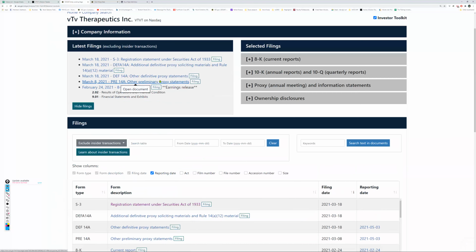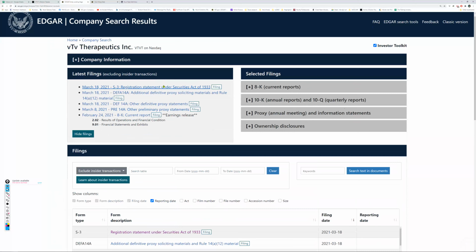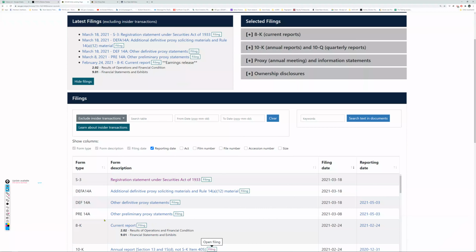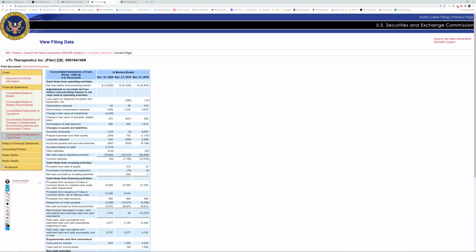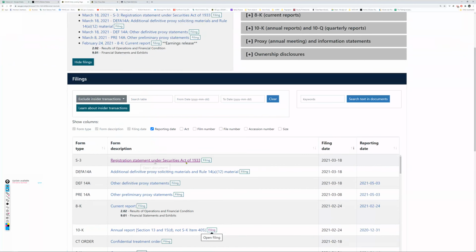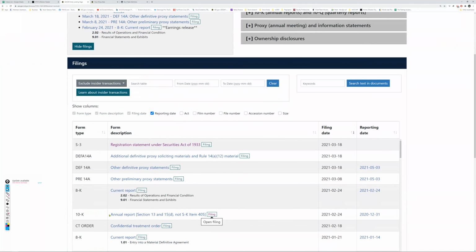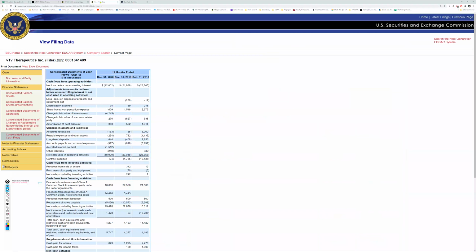And so you can come to a company's filings and you can look at their last, here, I'll show you on here, their last 10K, right? Annual report. You come in here and you can dig through, you can find their consolidated statements of cash in thousands, right?